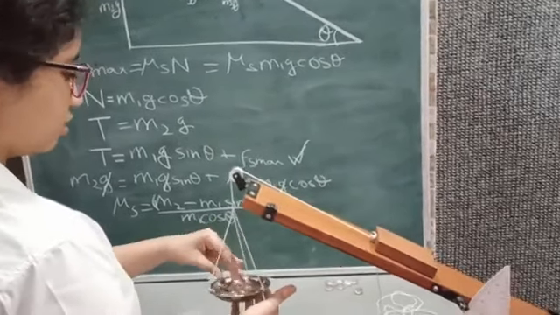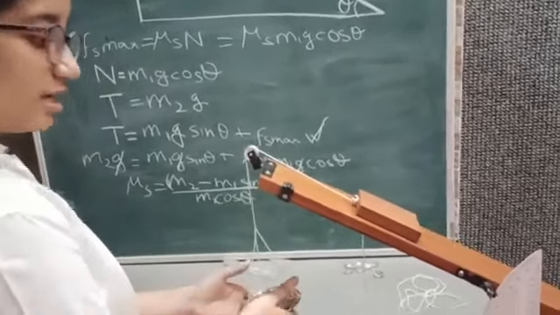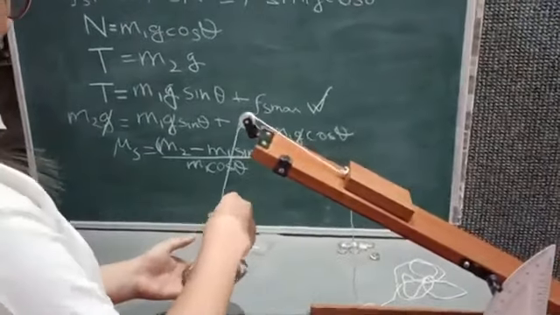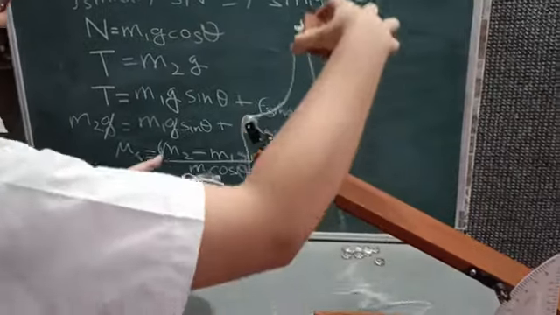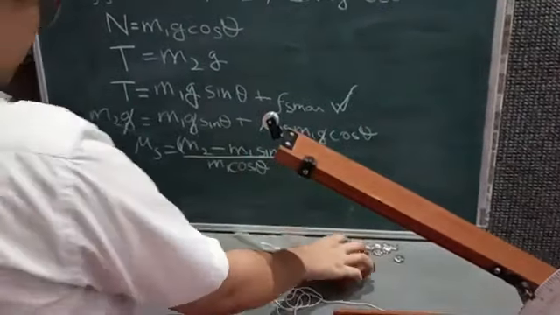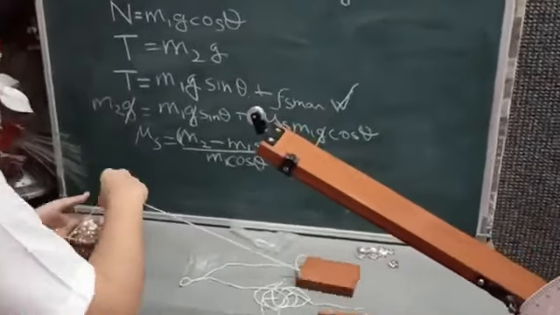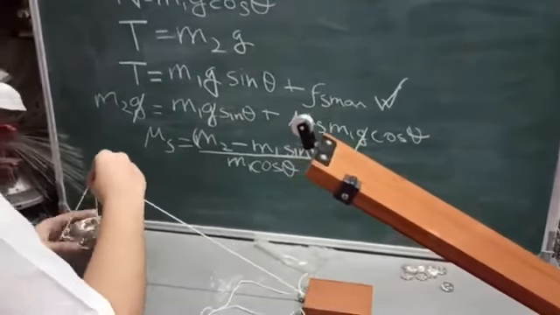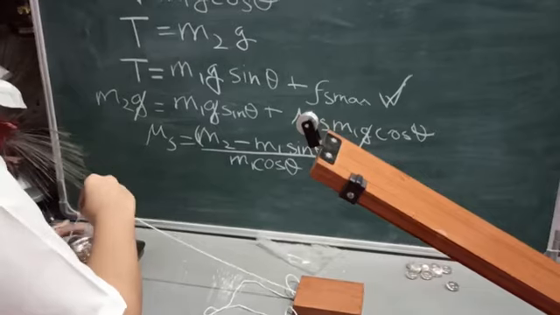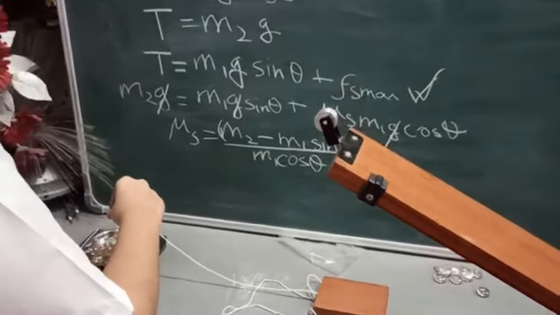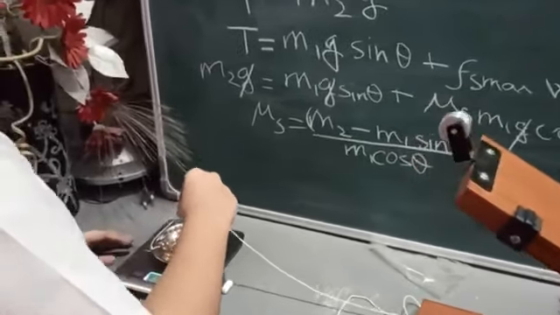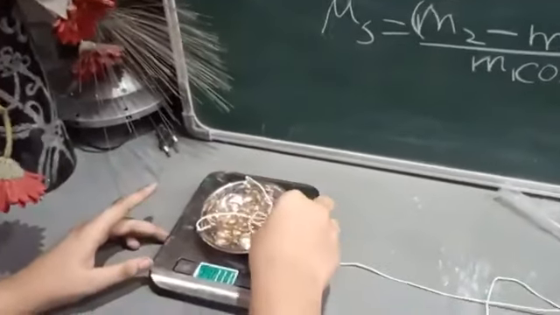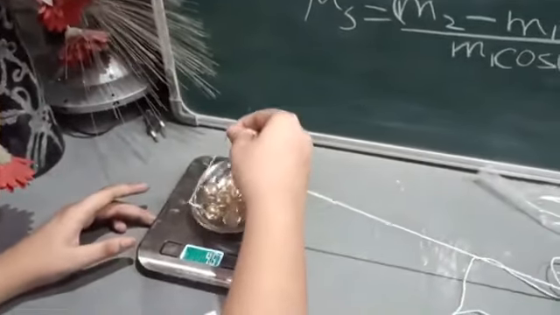Now let me see if it starts moving or not. As you can see, it has just started moving. So right now I will just measure the mass of this plate with the pebbles on. Let me just turn this on. It is approximately equal to 110 grams or so.